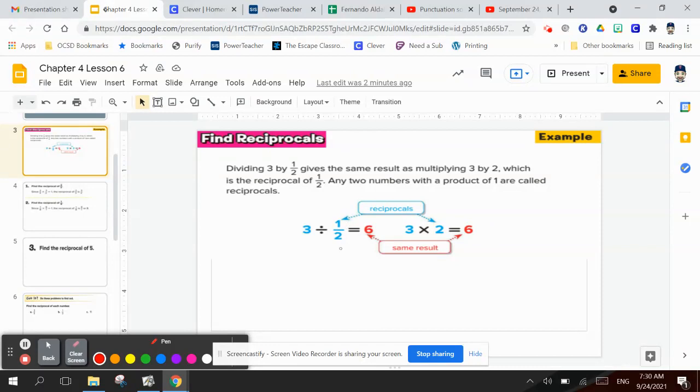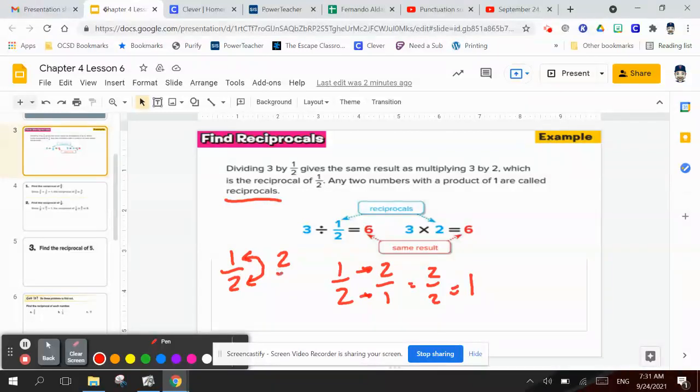As you can see here, 1/2 and 2/1 are reciprocals, because when I multiply those together, 1 times 2 is 2, 2 times 1 is 2, 2/2 equals 1. So what we're doing is flipping the fraction, changing the numerator to the denominator and the denominator to the numerator, which is 2/1.